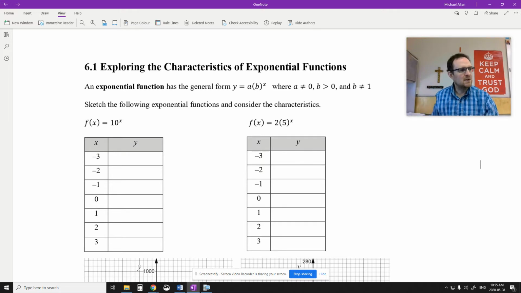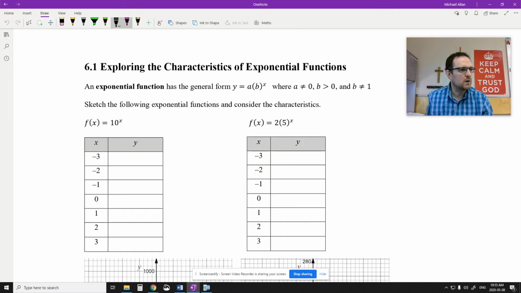The key thing about an exponential function is where the variable, the x variable, is. Remember in polynomials, my x variable is the base, and then it's raised to a number. In sinusoidal functions, it's inside that sine equation, so it's sine x or cos x or whatever.